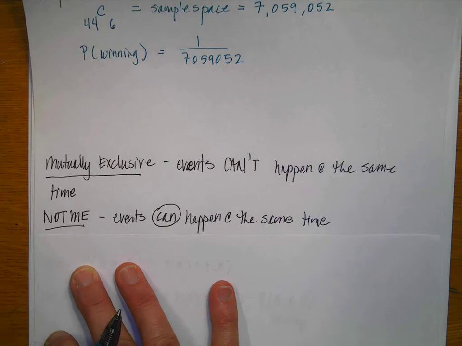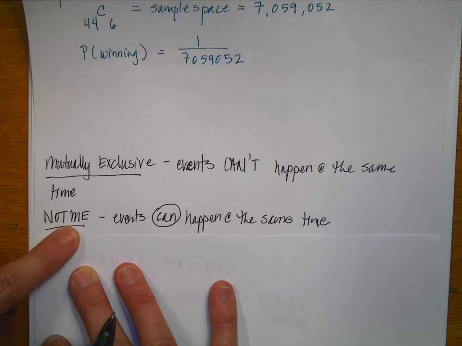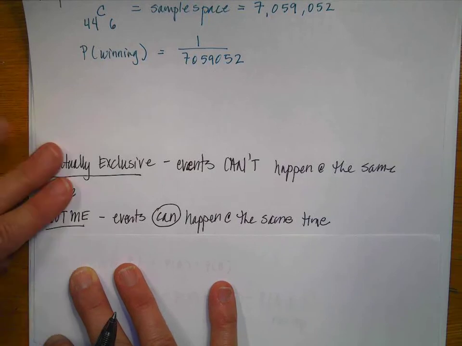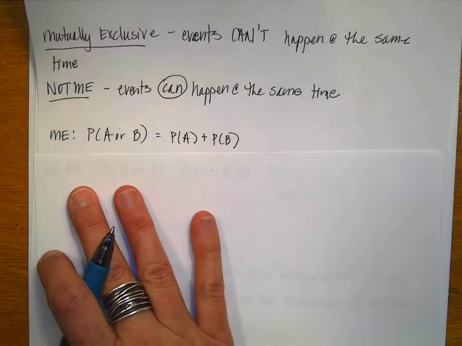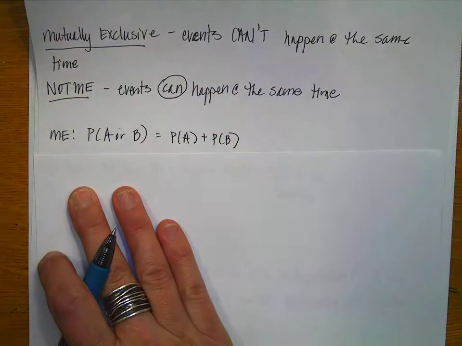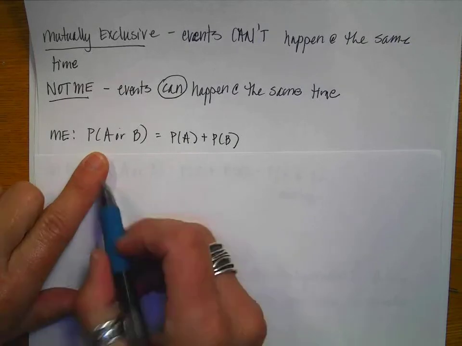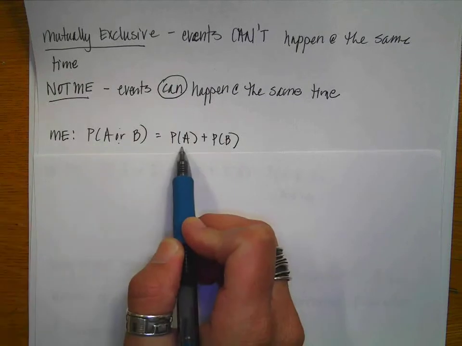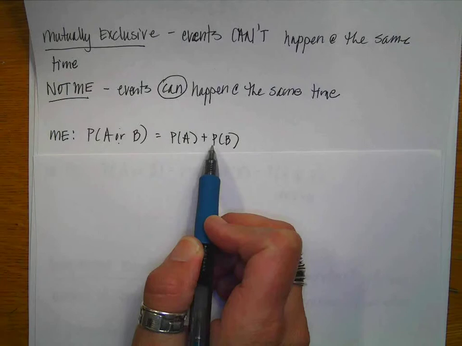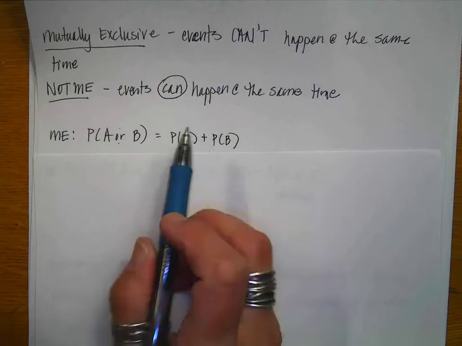So then not mutually exclusive means that events can happen at the same time because they're not exclusive. And then we're going to talk about probabilities. So if 2 events are mutually exclusive, meaning they cannot happen at the same time, then the probability of A or B is going to equal the probability of A plus the probability of B.